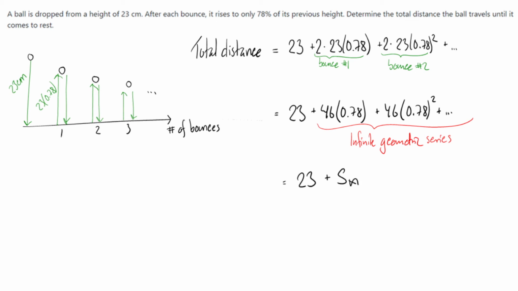Okay, where this expression equals a, which is the first term, over 1 minus r, where r is the common ratio. So we need to determine what the common ratio is, and we need to determine what the first term is.